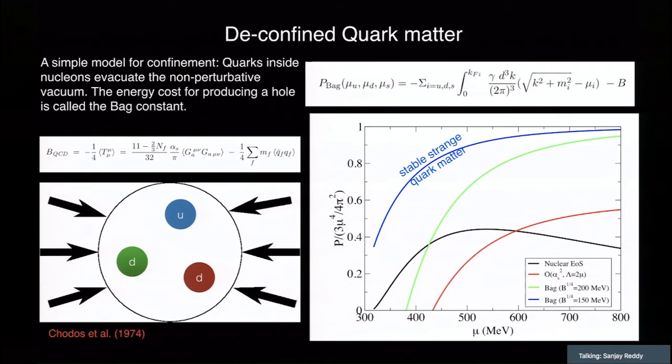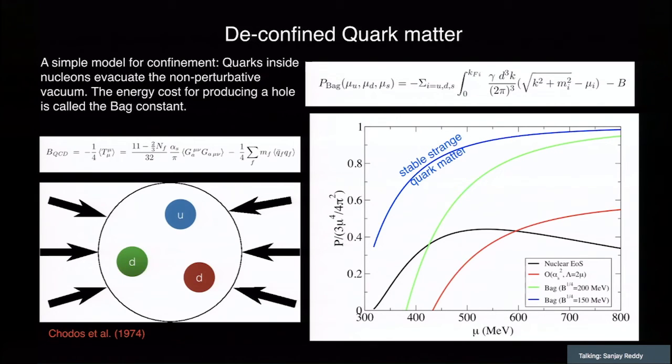So in this model, because the bag contribution is a vacuum contribution, the pressure of matter containing some finite density of quarks with Fermi momenta denoted by Kf is given in the expression on the right-hand side, where I write the expression for the pressure in the bag model as a function of the 3 quark chemical potentials, the up quark chemical potential, the down quark chemical potential, and the strange quark chemical potential.